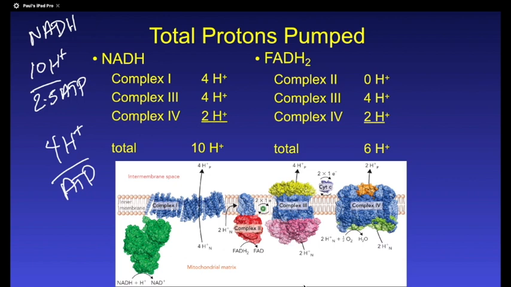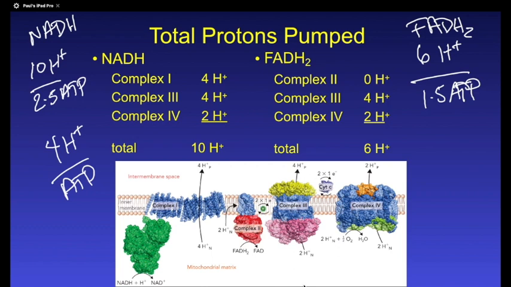Good. And over here we had 6 protons, 1.5 ATPs for FADH2. So what's the calculation? How many protons per ATP? 4. All right. So we know how many protons it takes to make 1 ATP. It's 4. Or so we think.